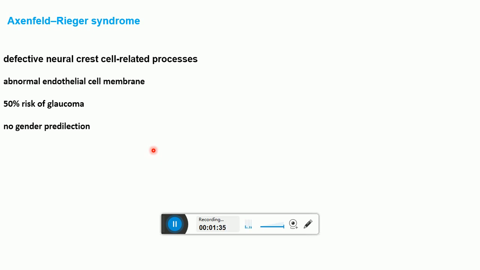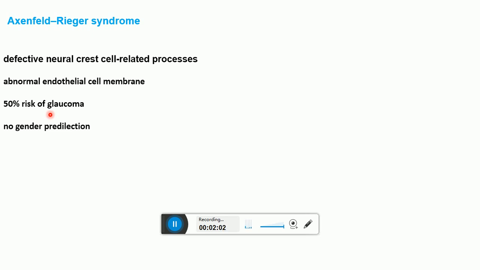It is caused by defective neural crest cell related processes during fetal development. An abnormal endothelial cell membrane has been identified on anterior segment structures in some patients. The key implication of the syndrome is a 50% risk of glaucoma.